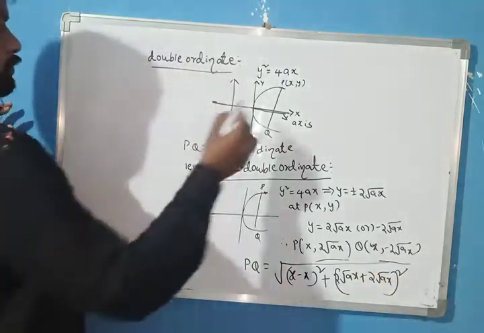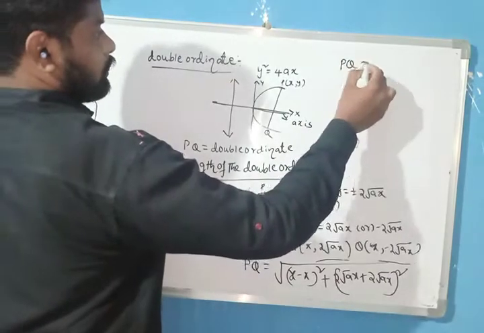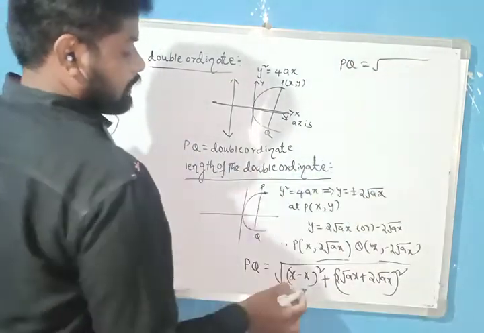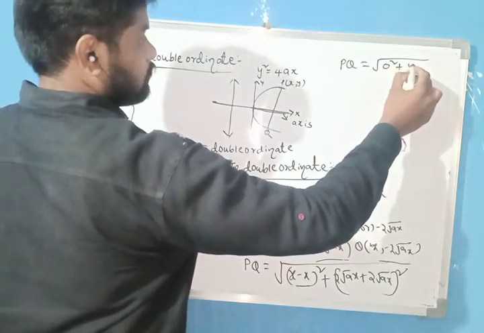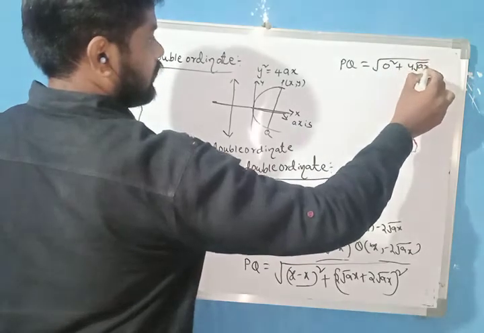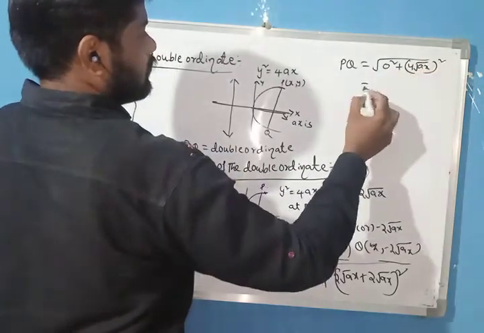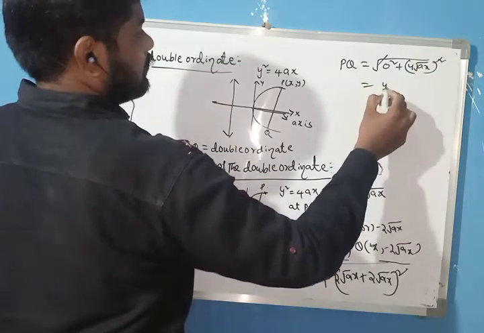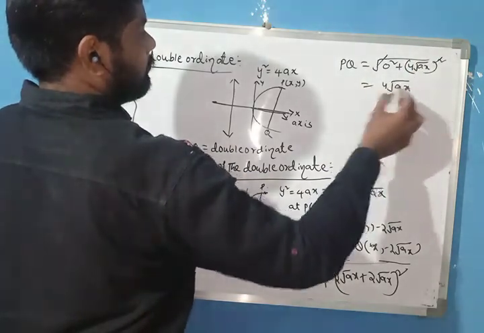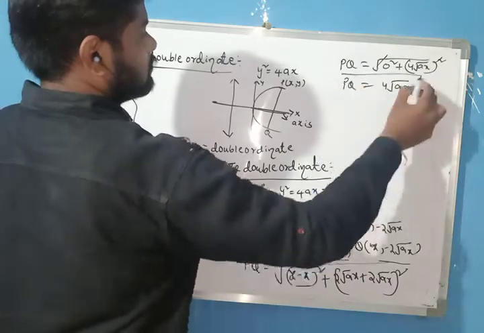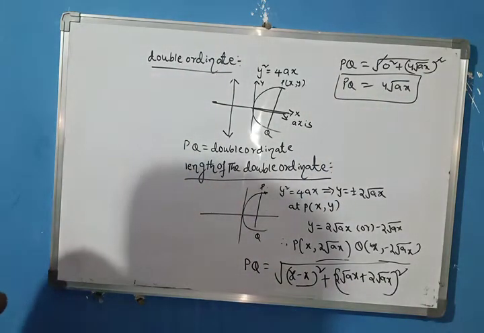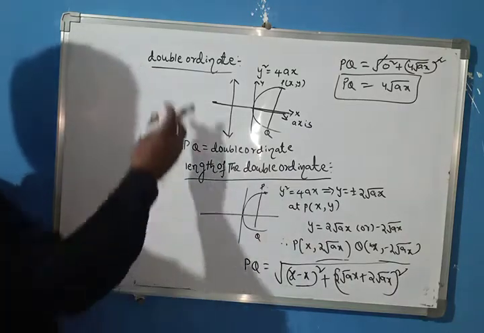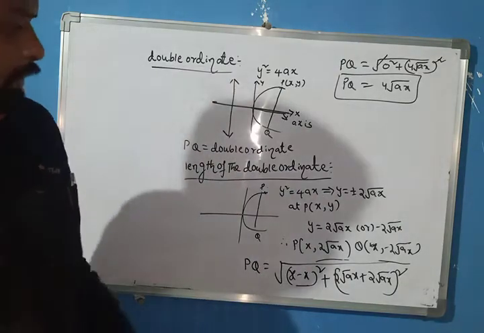Here x minus x is 0, and 2 root ax plus 2 root ax whole square means 4 root ax whole square. The square root cancels, so the length of the double ordinate PQ equals 4 root ax. This is the double ordinate and the length of the double ordinate.